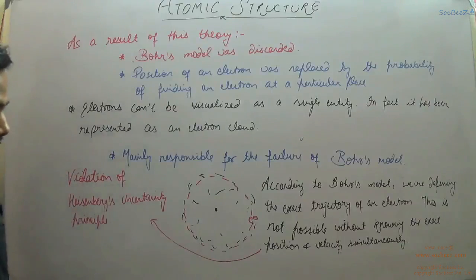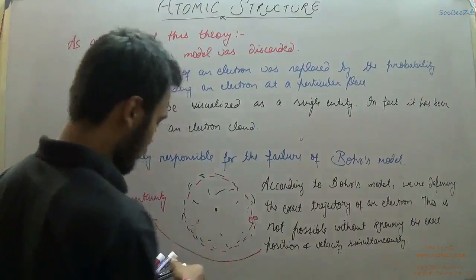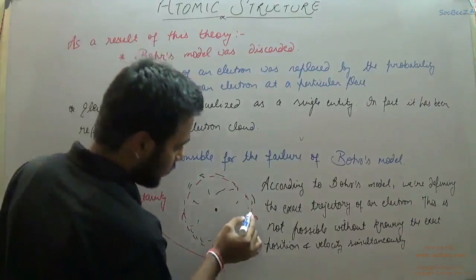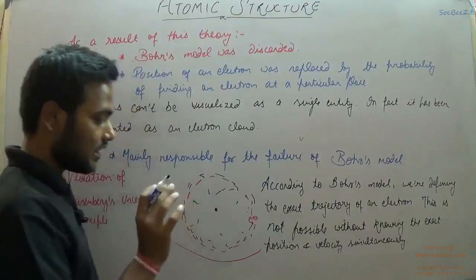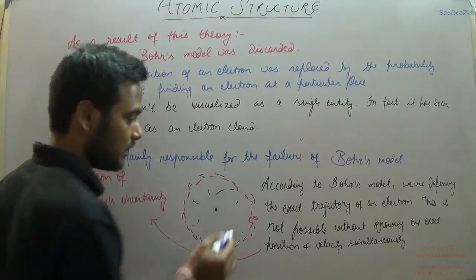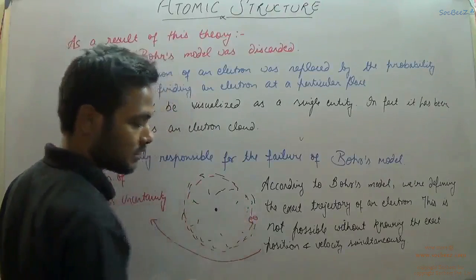So we discussed that there is nothing like a fixed orbit in case of an electron. We can only say that there is a certain amount of probability that an electron exists at this place.